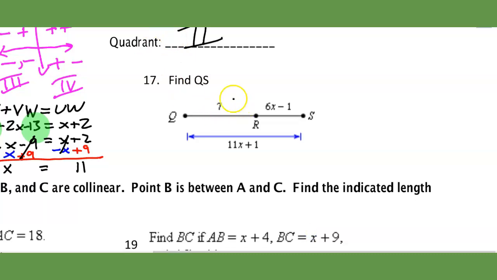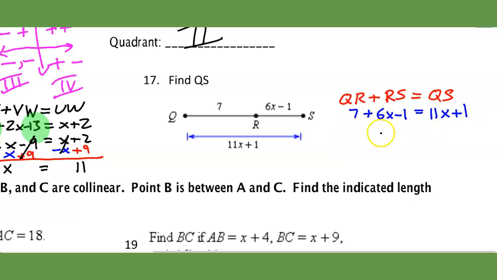About 7 QR and 6x minus 1, which is RS. Two smaller pieces should add up to the bigger segment, which is QS. We have 7 plus 6x minus 1 does equal 11x plus 1. And like the last one, we just need to combine some constants.